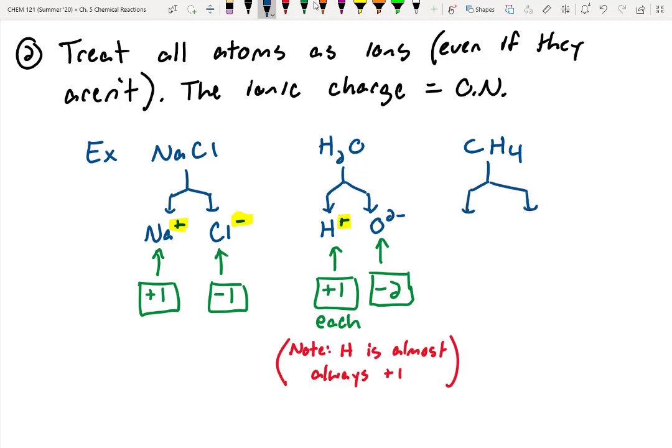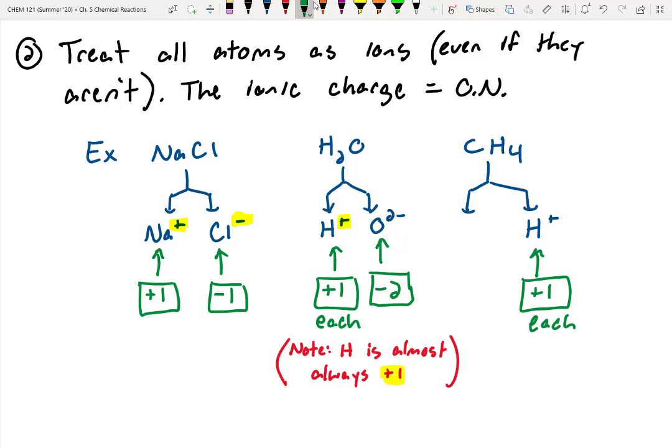All right, so this gets trickier, right? We've got hydrogens. And so we said hydrogen is always going to be +1, right? So over here, we could say for this one, this is going to be +1, and we've got each. But carbon is tricky, right?